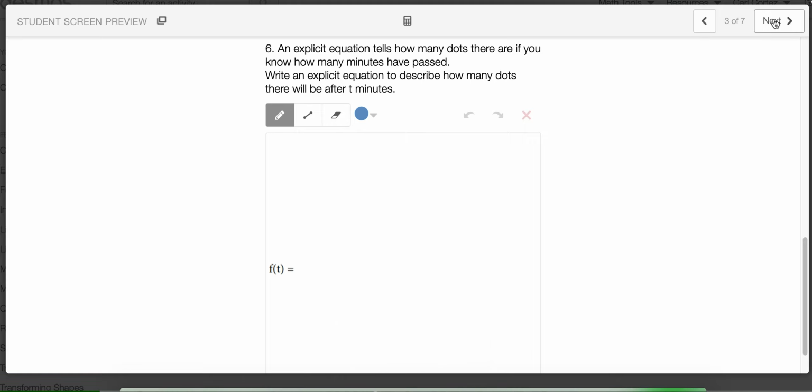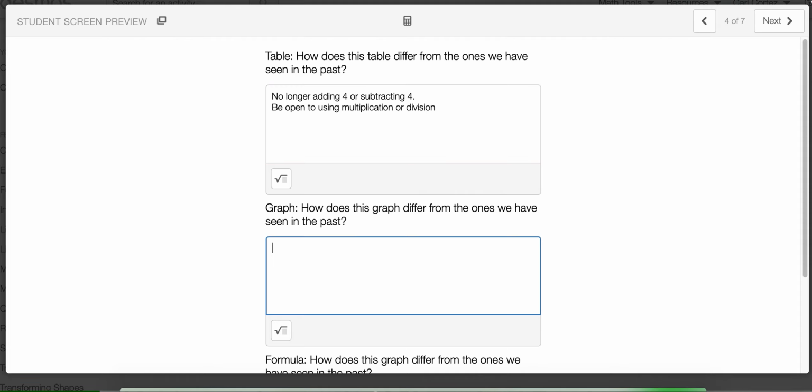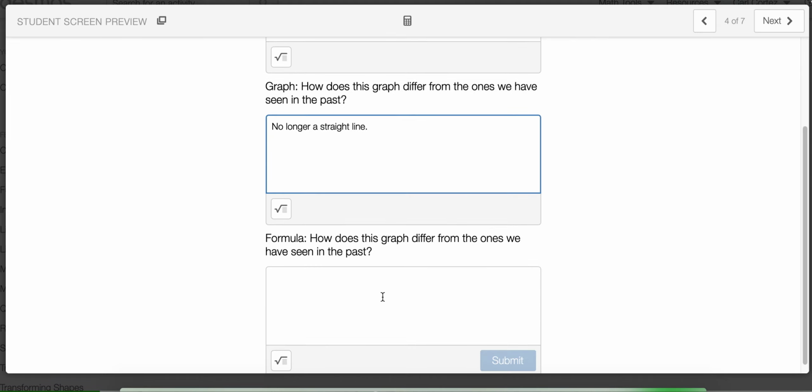And as we take this further, we were talking about how the table is different. We see that we're no longer adding 4 or subtracting 4. Be open to using multiplication or division. For the graph, this is no longer a straight line. This has a curve to it, as we saw.